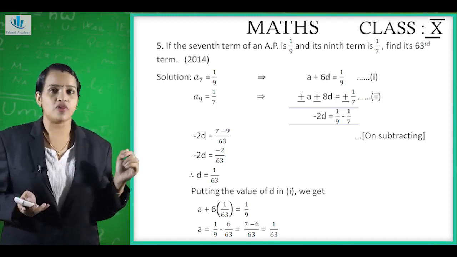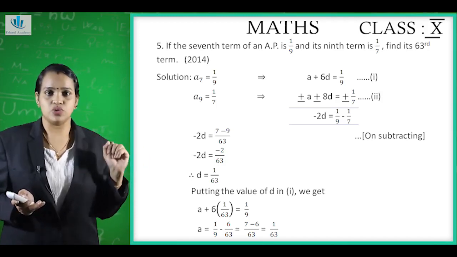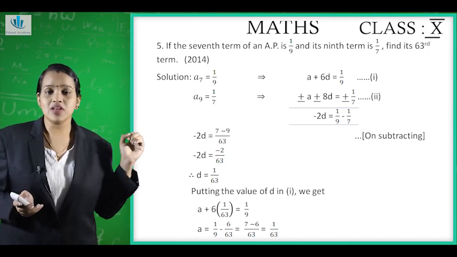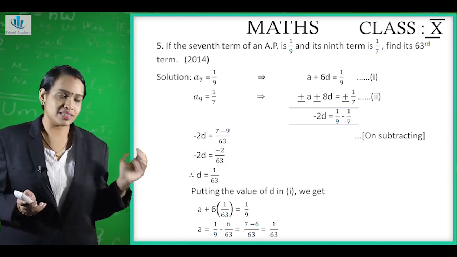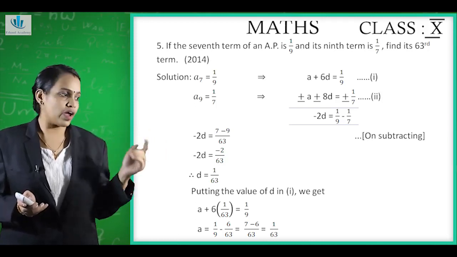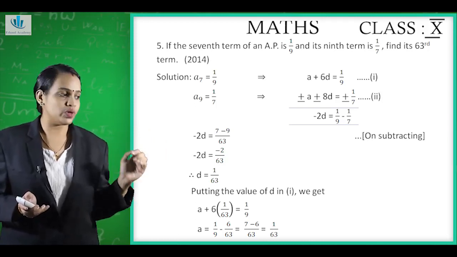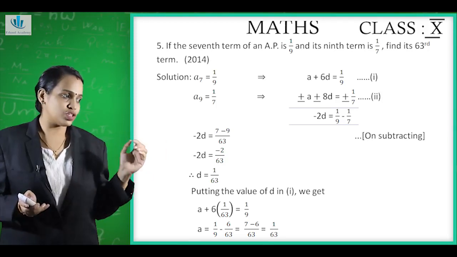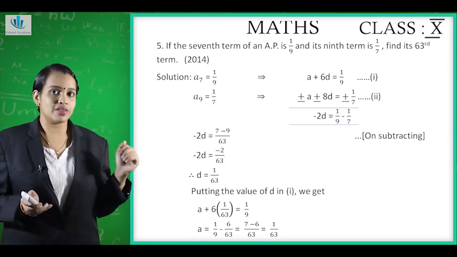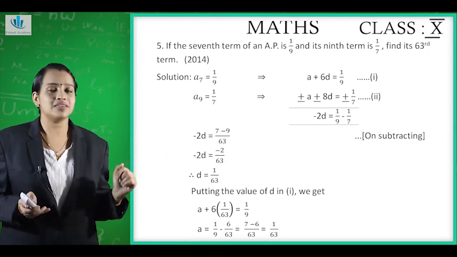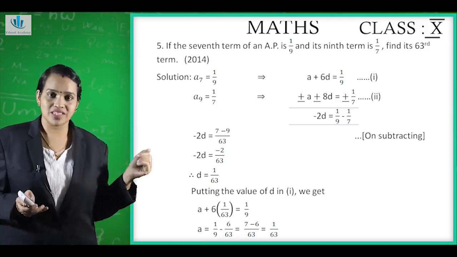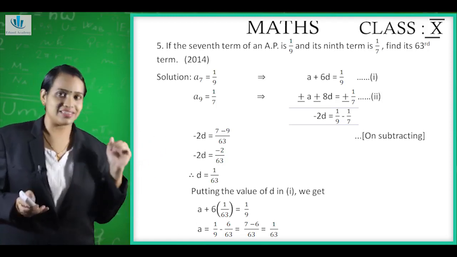Minus 2D is equal to (7 minus 9) upon 63. So minus 2D is equal to minus 2 upon 63. Therefore D is equal to 1 upon 63.